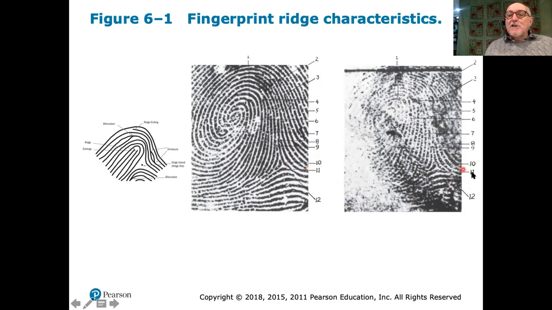So each matching minutia, each little tiny feature here in the reference is matched here in the suspect print. It is up to the expert to decide how many they are going to look at before they decide that this is a true match. Remembering that some fingerprints, for example, from an identical twin or from a sibling, might be similar.